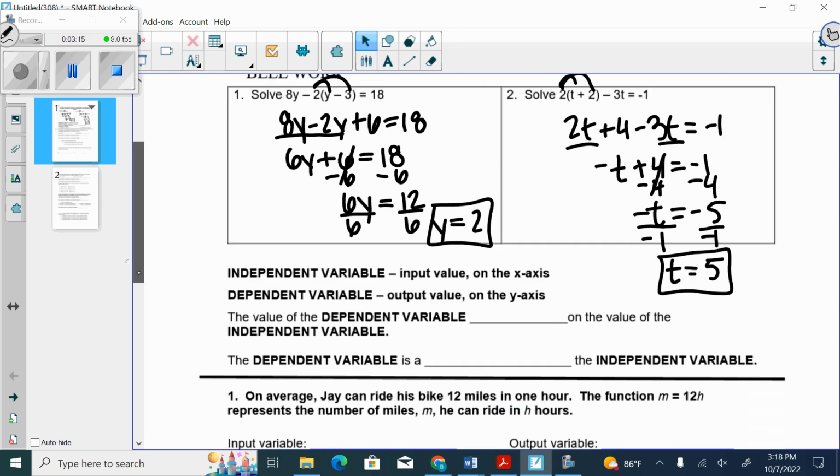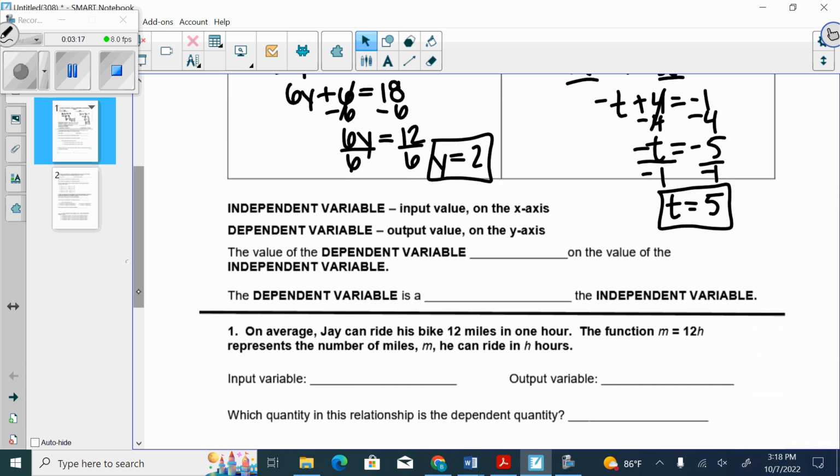All right, so our independent variable is our input on the x-axis. So my independent is my x's. My dependent is the output, or is on the y-axis, so this would be all of my y's.